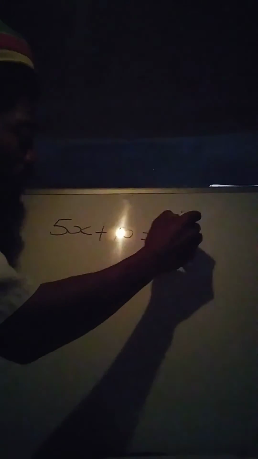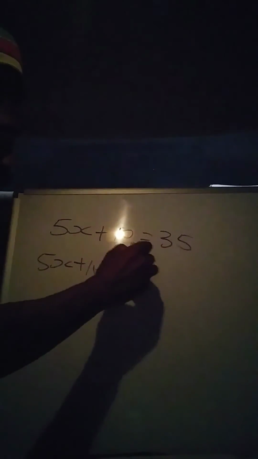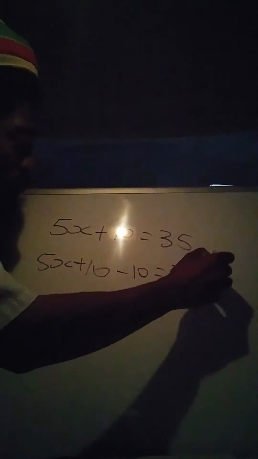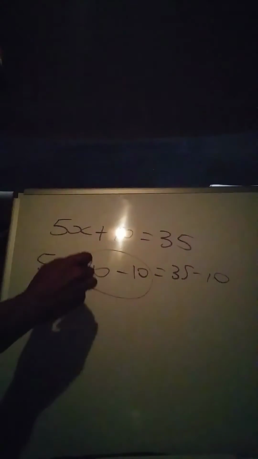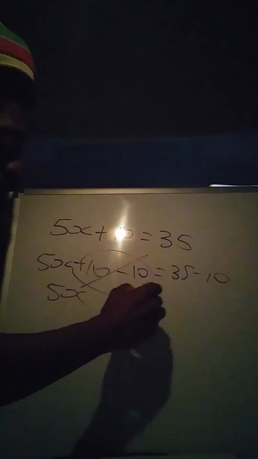So for example, let's say we have 5x plus 10 equals 35, solve for x. Well, the first thing we're going to do is get rid of this 10 right here. So we're going to have 5x plus 10 minus 10 equals 35 minus 10, right? So 5x, because plus 10 minus 10 cancels out to 0. So 5x equals 35 minus 10, which is 25.